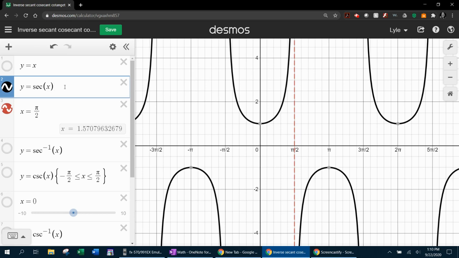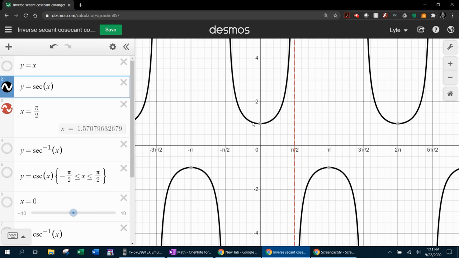So the way that you decide how to restrict the domain, first of all, you have to accommodate every value of the range. That means you can't restrict it too much so that you lose content, but you have to restrict it enough so that it is one-to-one, okay?